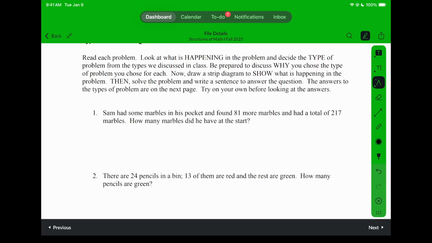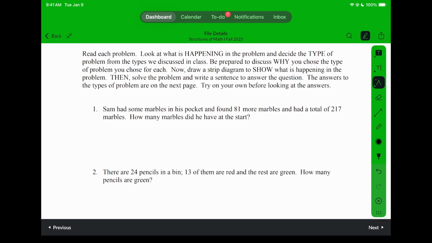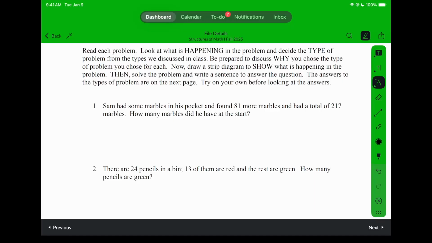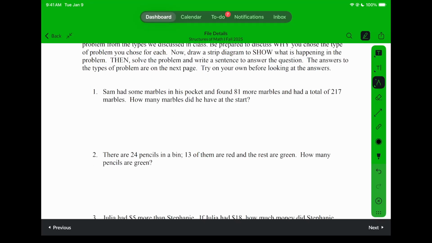So just looking at these, we have: Sam has some marbles in his pocket and found 81 more marbles and had a total of 217 marbles. So how many marbles did he have at the start? The way you solve it is going to be different than the actual type of the problem.